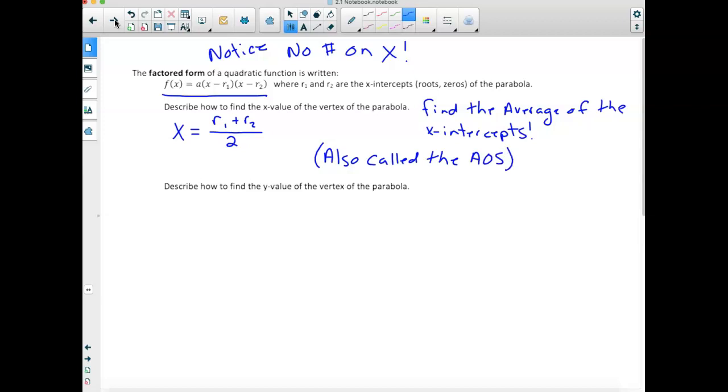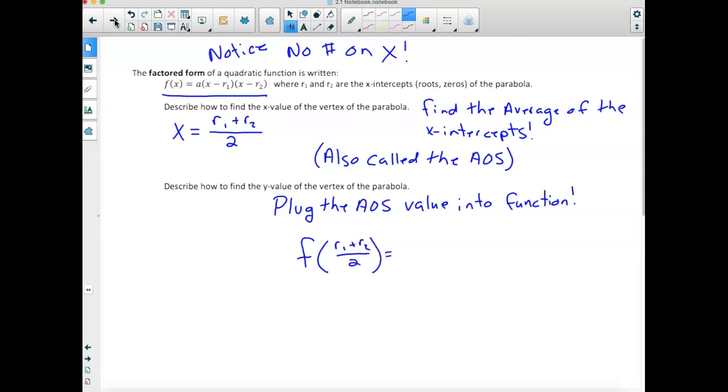Describe in words how to find the y value of the vertex of the parabola. Well, how we're going to do that is plug the axis of symmetry value into the function. Whoa, what does that mean? That means my function, I'm putting in my R1 plus my R2 divided by 2.